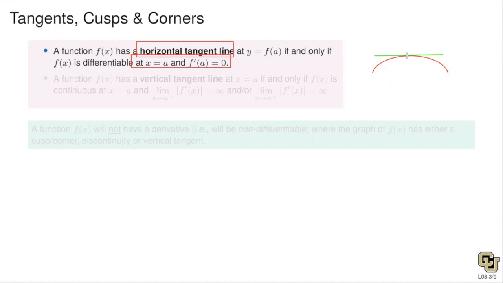The slope is rise over run. So if the slope is 0, that means the rise is 0. There's no movement in the y direction. You've got 0 in the numerator. So when the slope is 0, the function is purely moving in the horizontal direction. There's no vertical motion. And at that point, we have a horizontal tangent line.